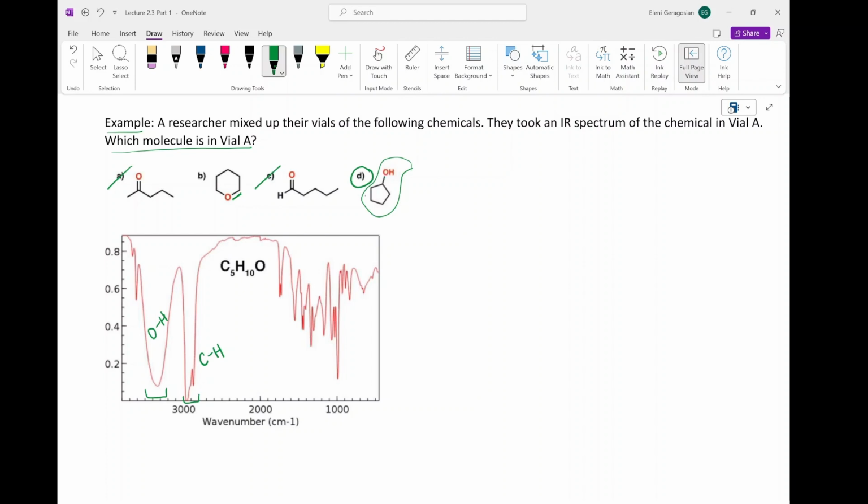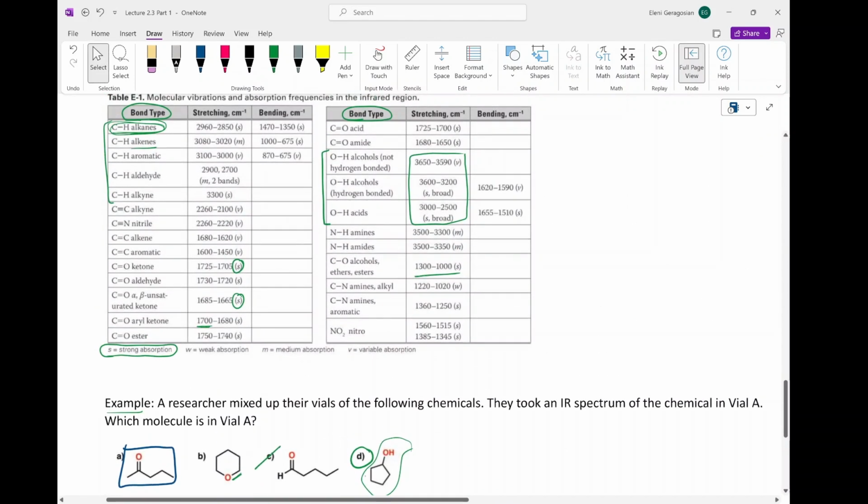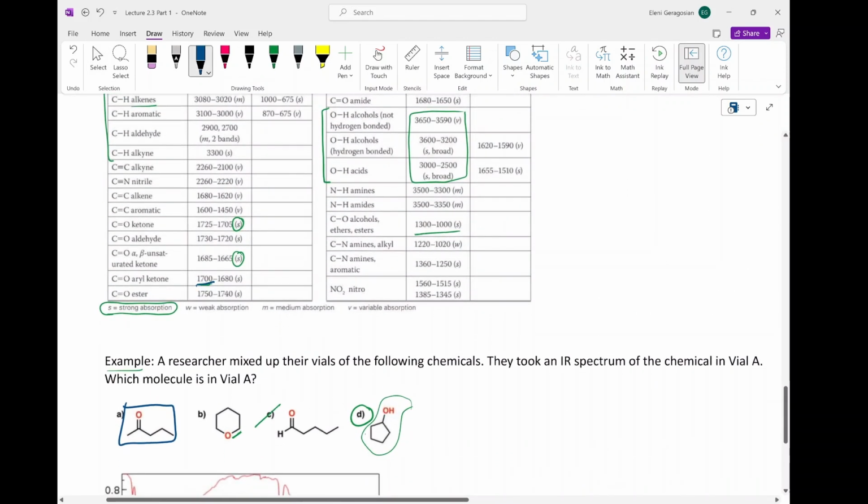Another type of question you might see with IR is, let's say you're given molecule A and you might be asked, where would you expect peaks for this molecule? For molecule A, we have a carbon to oxygen double bond, so we'd expect a peak around 1700.